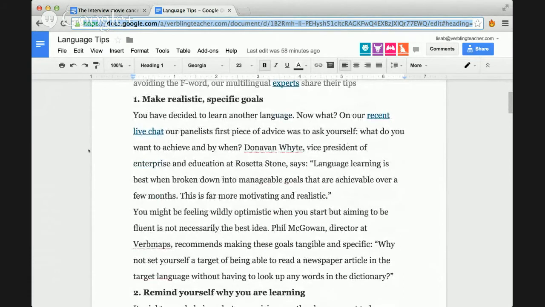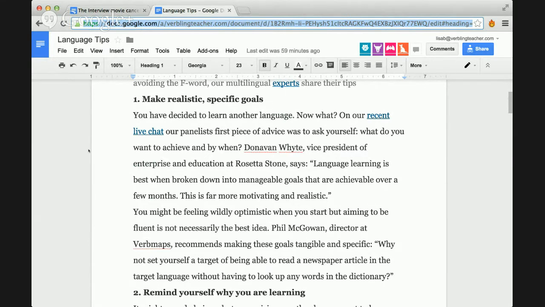You have decided to learn another language. Now what? On our recent live chat, our panelists' first piece of advice was to ask yourself, what do you want to achieve and by when? Donovan White, Vice President of Enterprise and Education at Rosetta Stone, says language learning is best when broken down into manageable goals that are achievable over a few months.